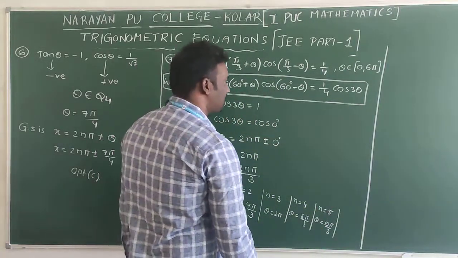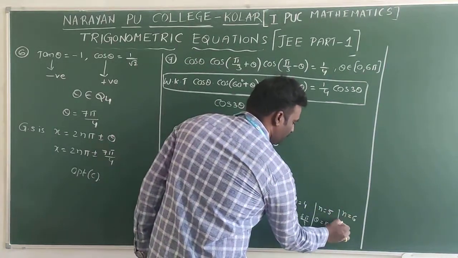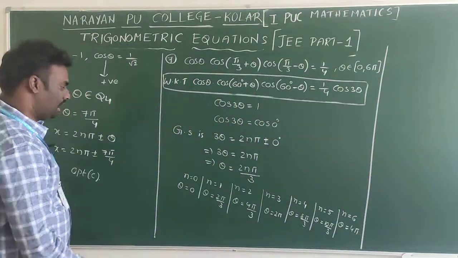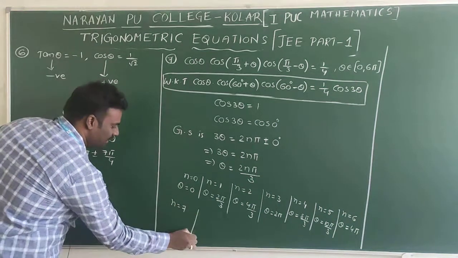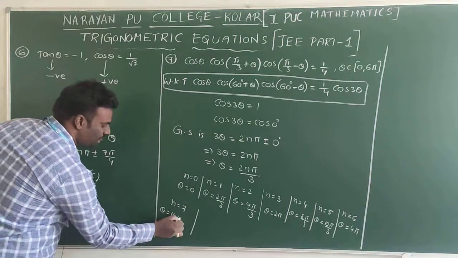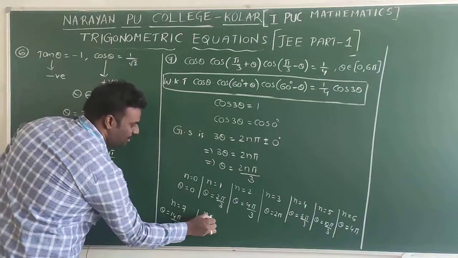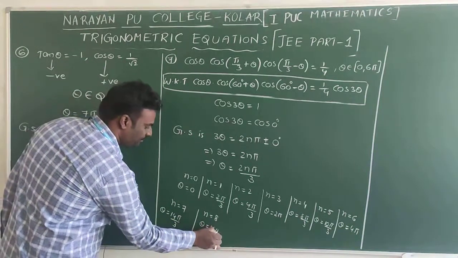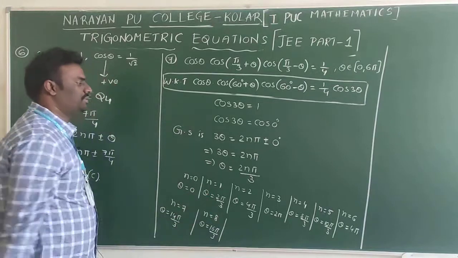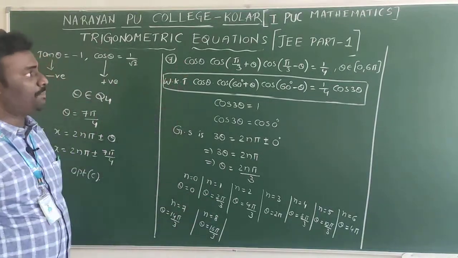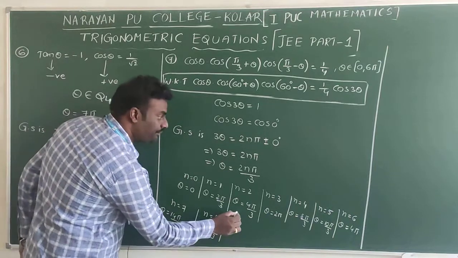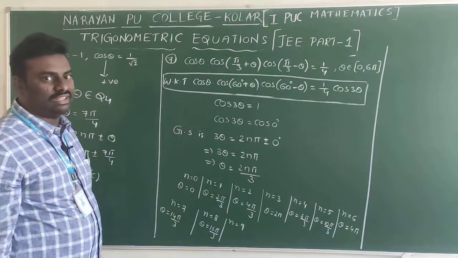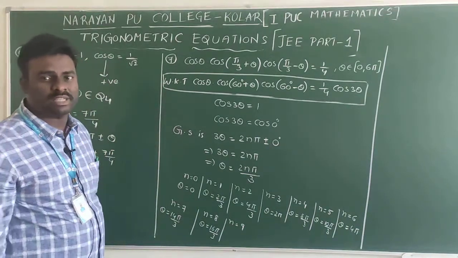If n is 6, theta is 12 pi by 3, that is nothing but 4 pi. One more two values are there. If n is 7, theta equals 14 pi by 3. If n is 8, theta is 16 pi by 3. But here we need to stop up to 6 pi. Next, if n is 9, 2 nines are 18 pi by 3, and 18 pi by 3 means 6 pi.